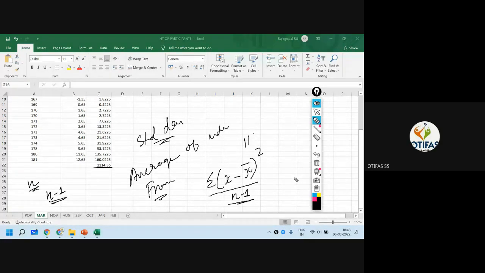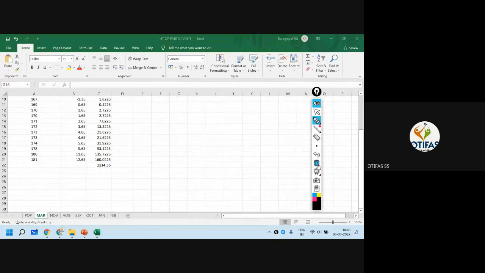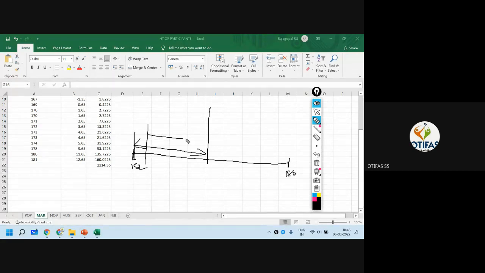Okay. So what is this n minus 1? N minus 1 is called degree of freedom. Actually, what is happening? This is the mean, and you have 152, 150, 181, and you are taking everything from the mean.